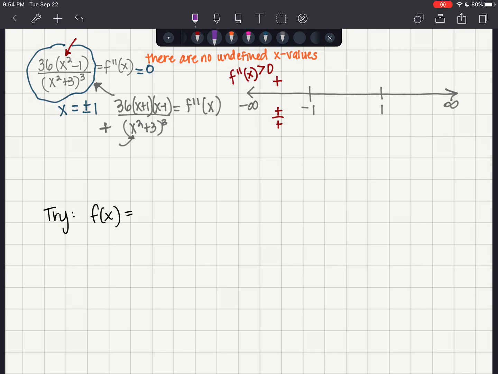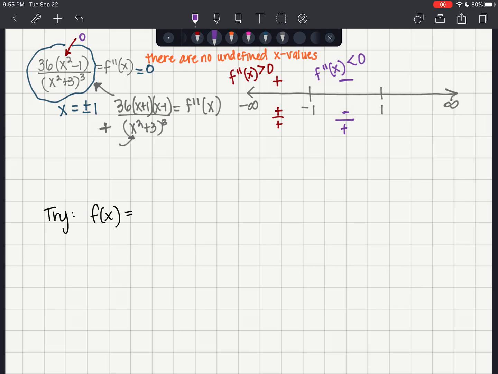Then we're going to test the middle interval from negative 1 to 1. If I put a 0 in, I'm going to get a negative in the numerator over a positive in the denominator. That interval is negative, meaning that f double prime of x is less than 0.